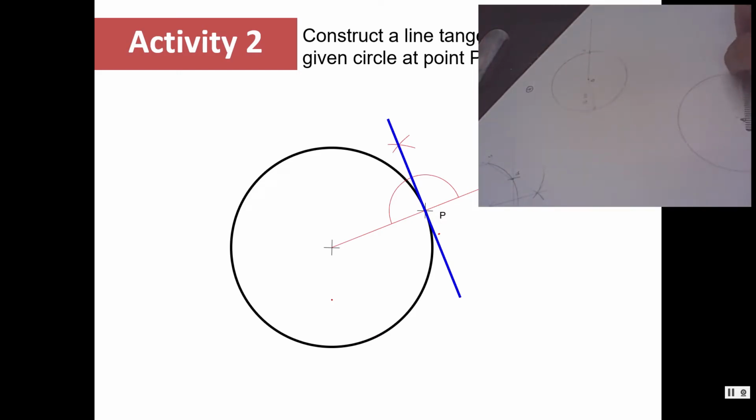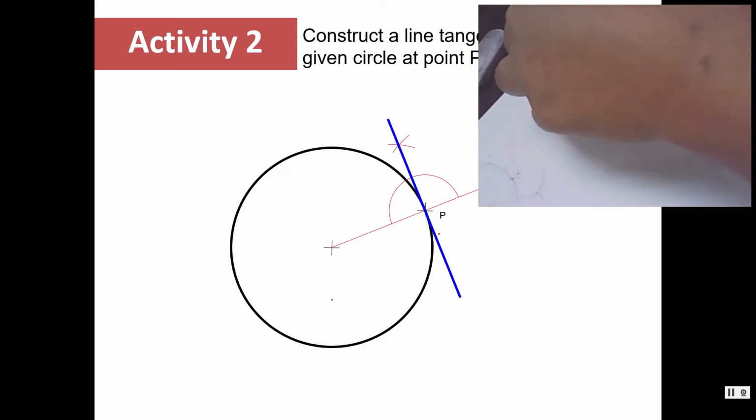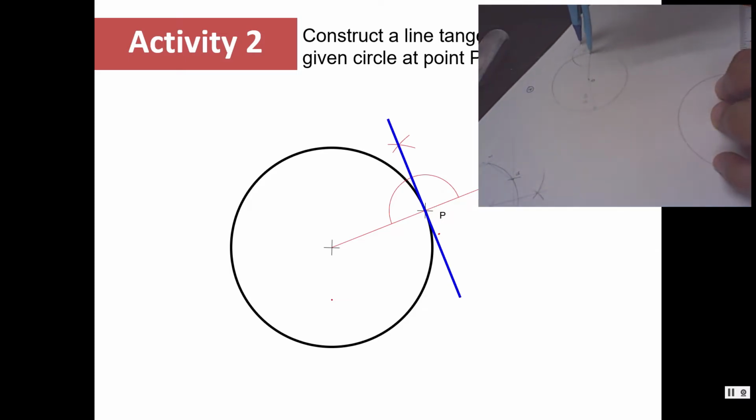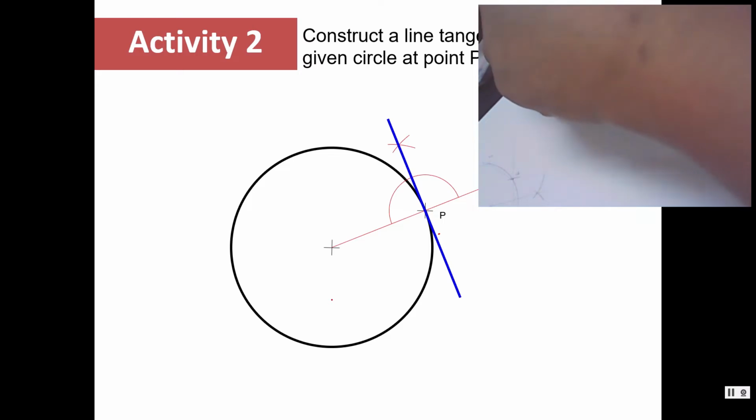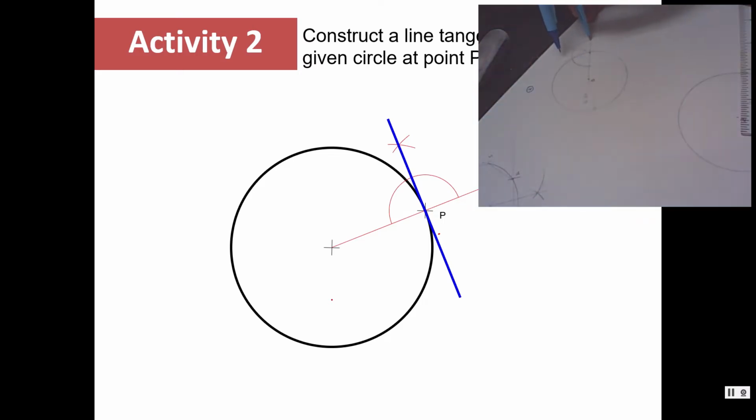Okay, then after that, what we need to do is to draw a small circle from P, a small semicircle, because we want to determine the midpoint. Okay, so we already have the small circle, so now is the step of drawing the arcs to find the midpoint.